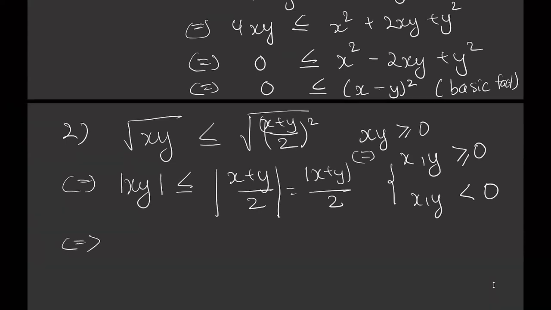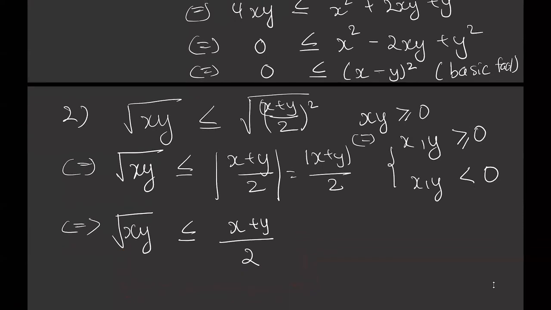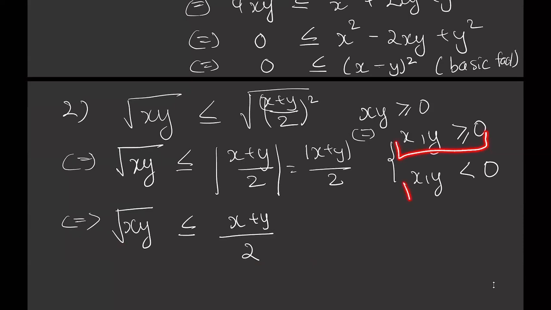But the one in the book, it is square root, sorry, it is not absolute value, it is square root, my bad. So square root of xy is less than or equal to (x plus y) over 2. So when does this inequality hold true? It has to be one of these cases.